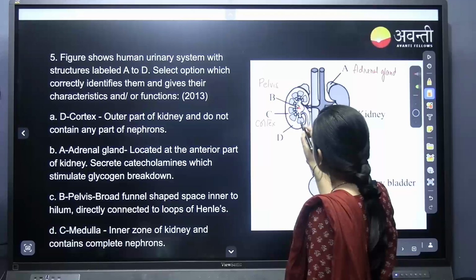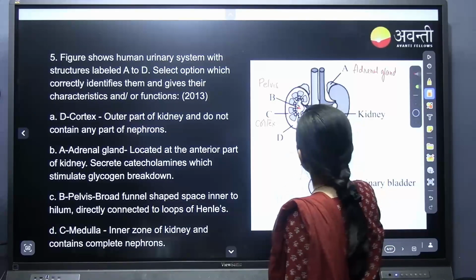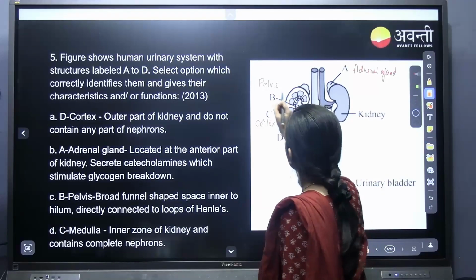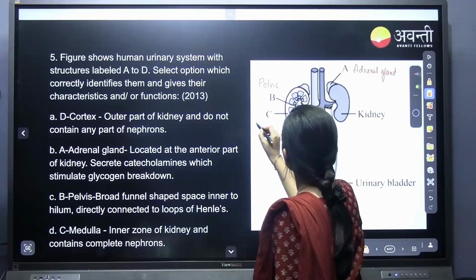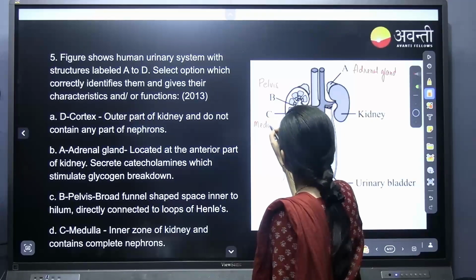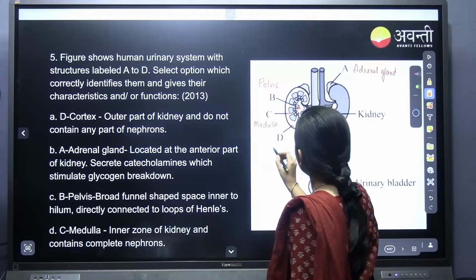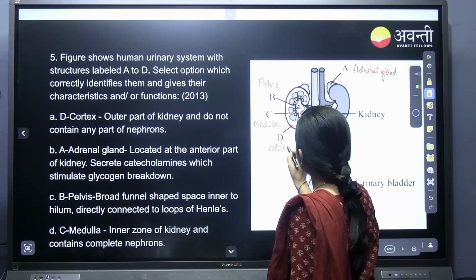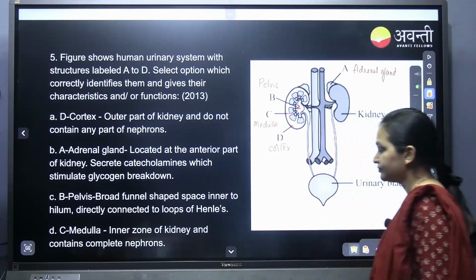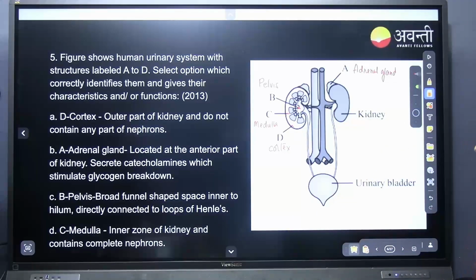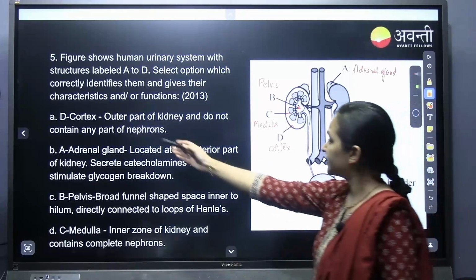D is cortex. C, they wanted medulla, I think. Medulla, anyway. You see here, outer region they asked. This is cortex. Tell me the answer. D is cortex.